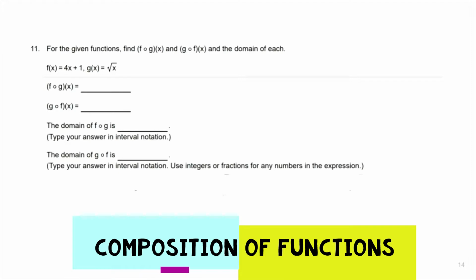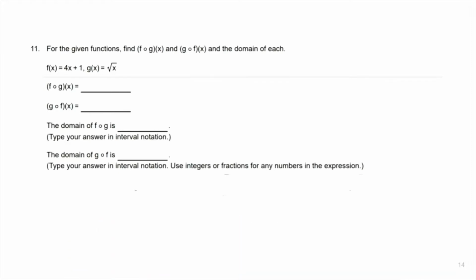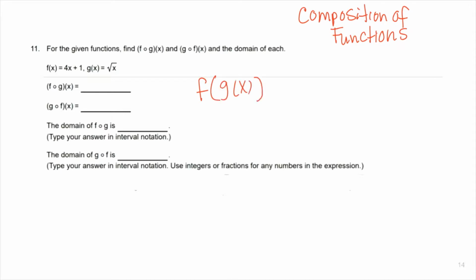And this one right here is composition of functions. So the first one, we want to find f composed of g of x. And then I want to find g composed of f of x. f composed of g of x means that g is going to go inside the f function.